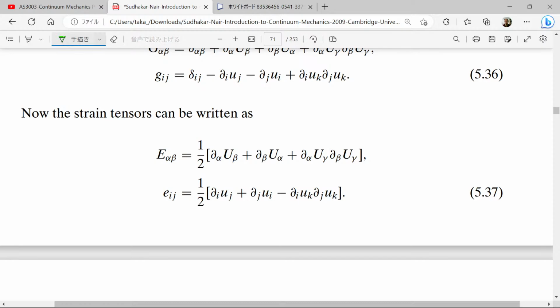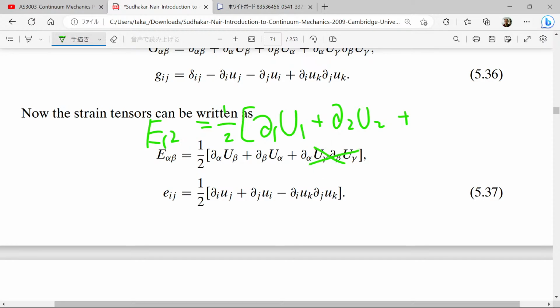So you have E12, which is half partial 1 u2 plus partial 2 u1, plus a term that is ignored as a small quantity.